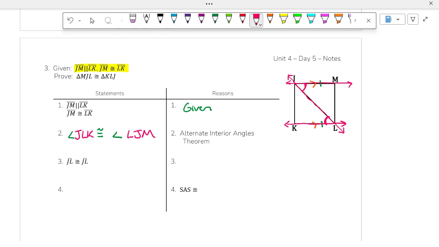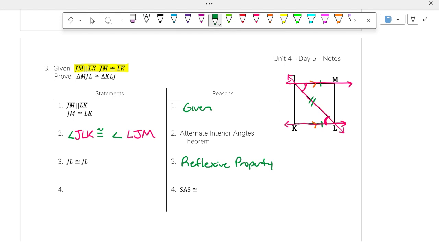Now, they then said that JL is congruent to itself. Automatically, what reason do we always say if we're saying a side is congruent to itself? Reflexive property. And then our last reason is that something is congruent by side angle side.